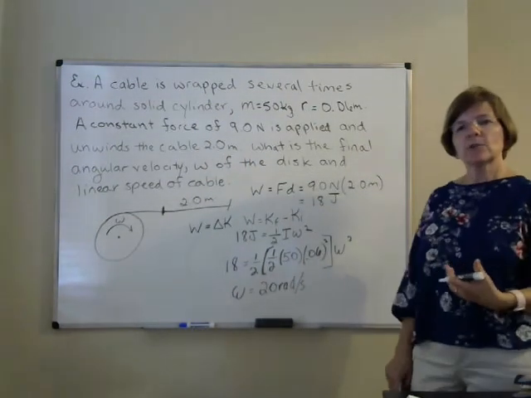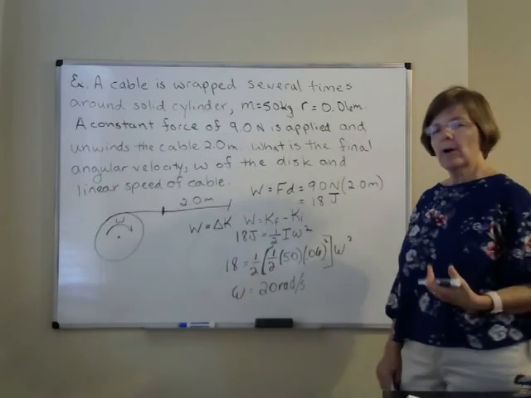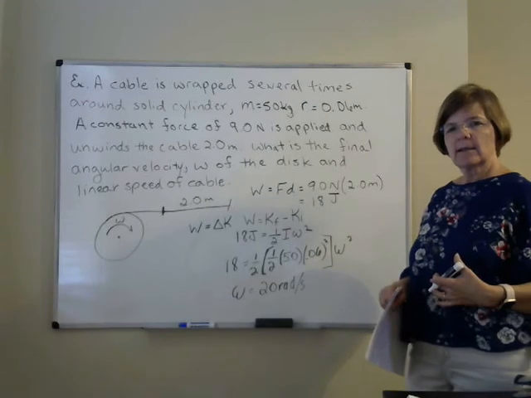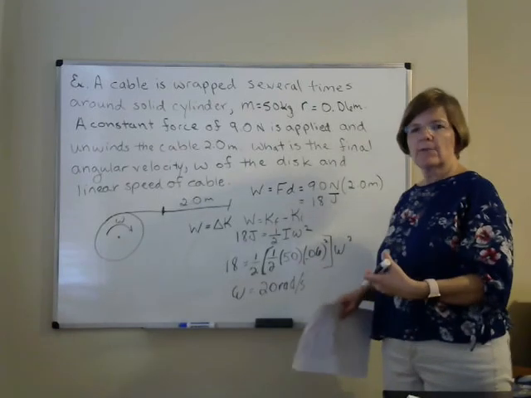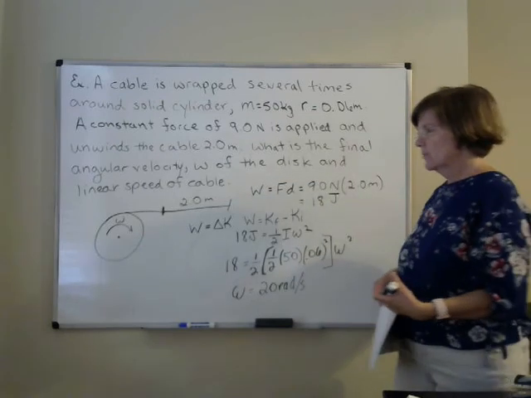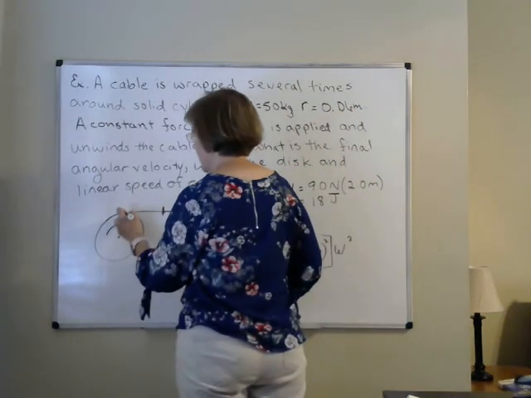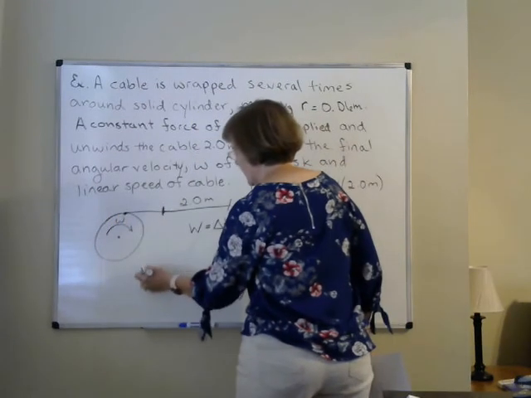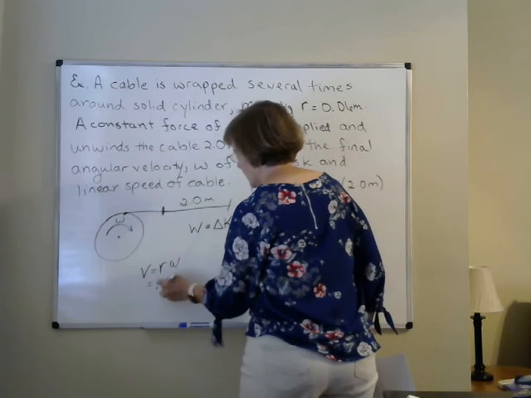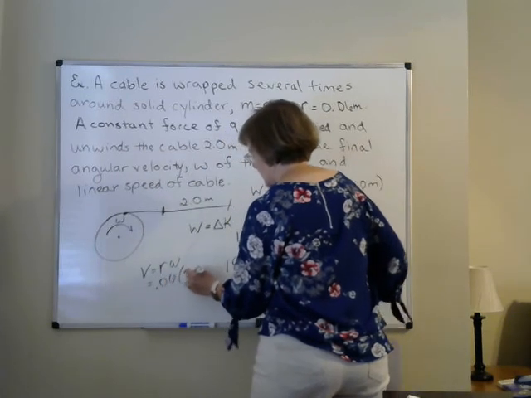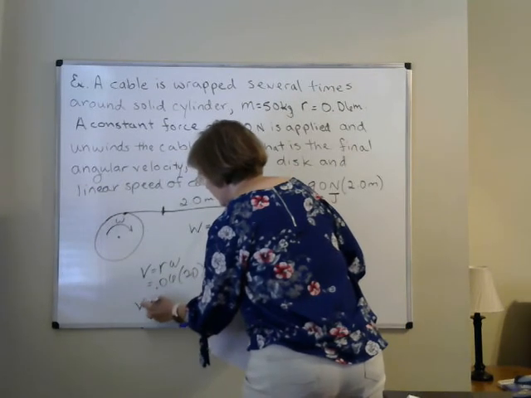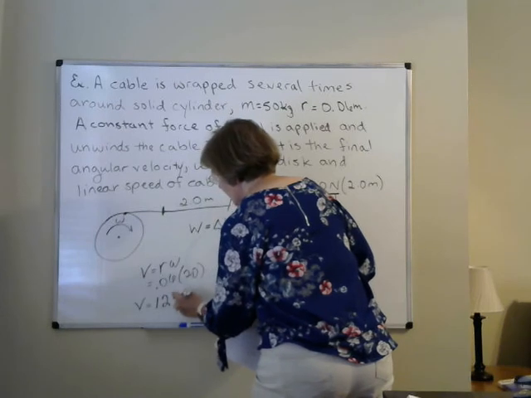I haven't answered the question about the linear speed of the rope, but if the rope is wrapped around the disk, the final linear speed of the rope is directly related to the final rotational speed. You're just saying, well, how fast is the point on this edge moving? We can use v equals r omega. So 0.06 times 20, and that is 1.2 meters per second.